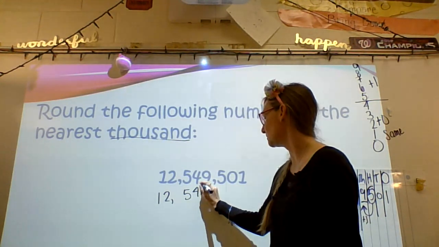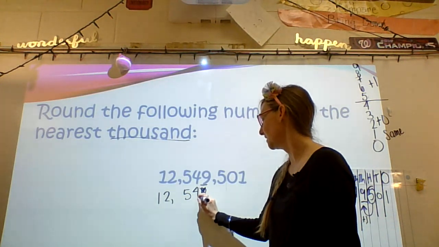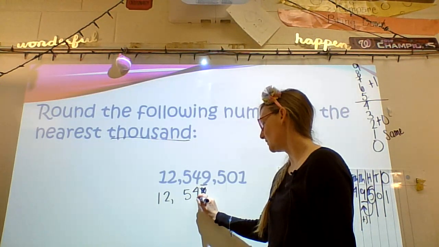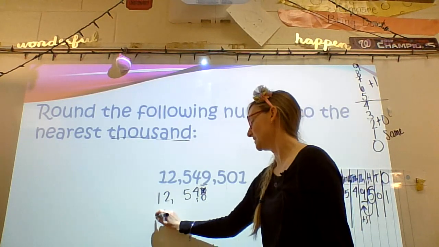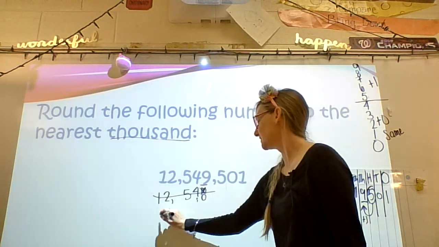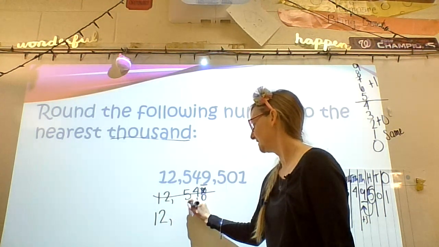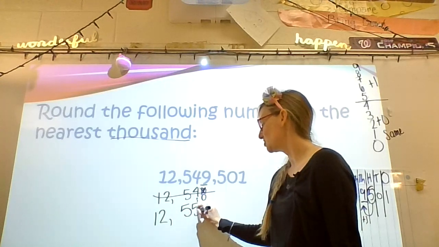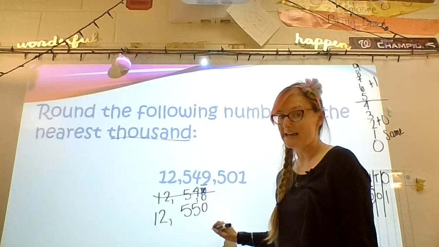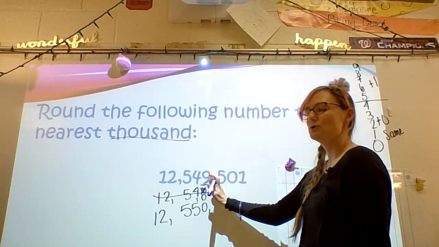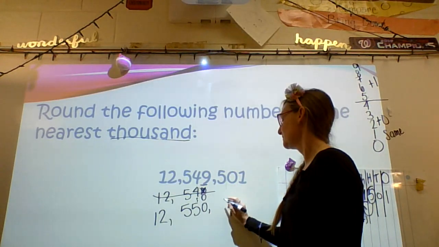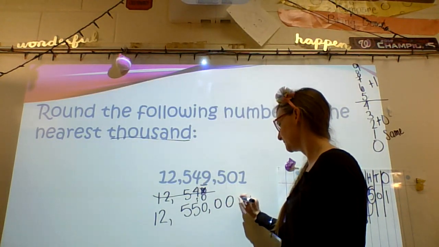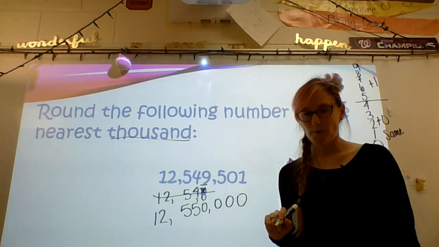So what I'm actually going to do is put a 0 here, and then this 4 is going to have to grow plus 1. So this is actually going to become 12,550,000. And then everything to the right of my place being rounded becomes a 0.